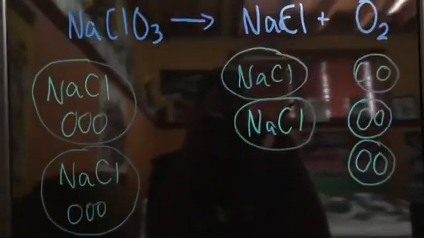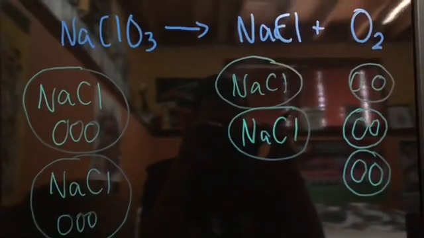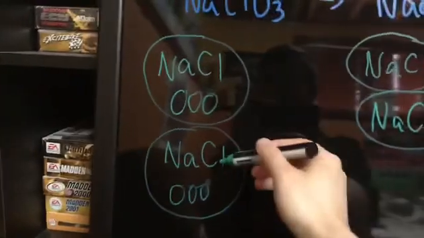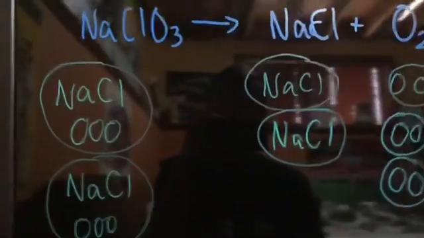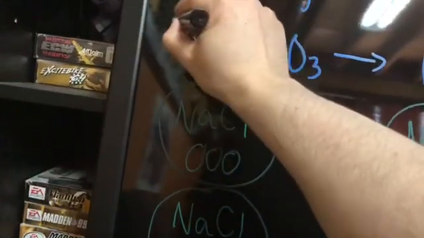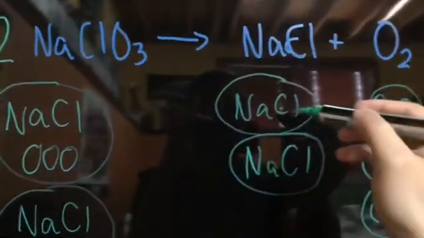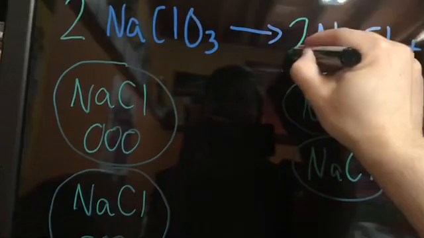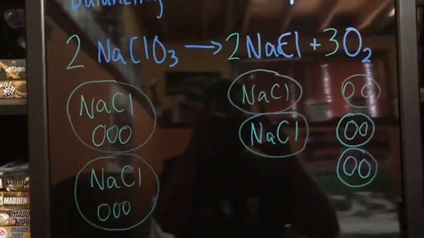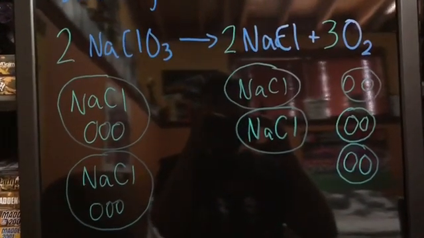And we've already shown that our oxygens are balanced. So what are our coefficients going to be? Well, how many different groups do we have with each set? We have 2 groups here, 2 groups here, and we have 1, 2, 3 groups here. So now our equation is balanced.